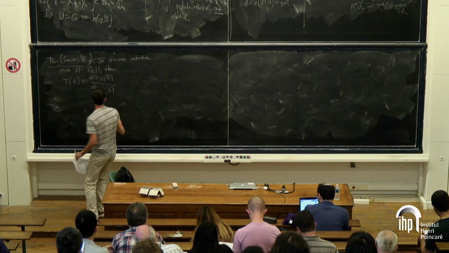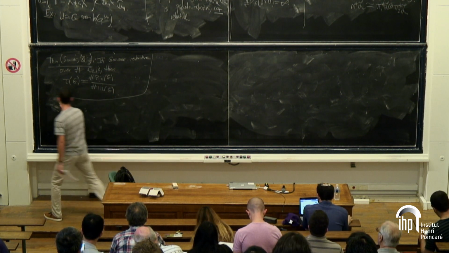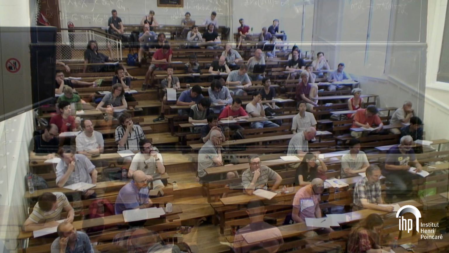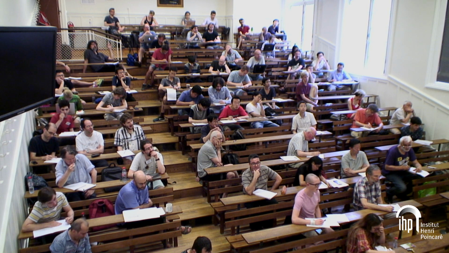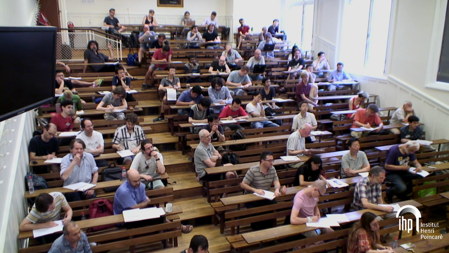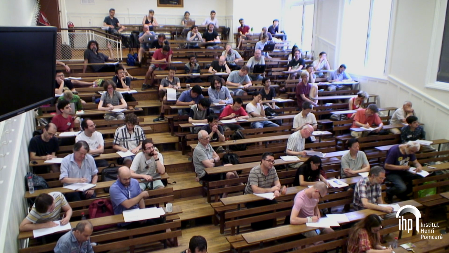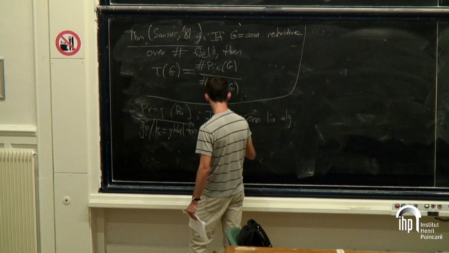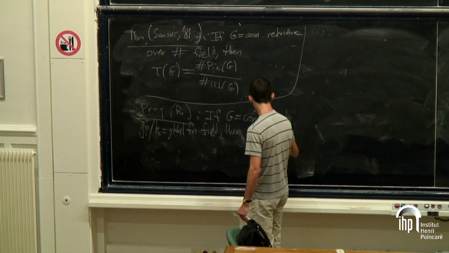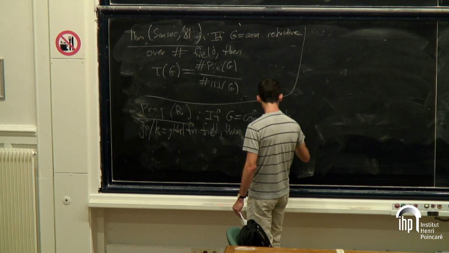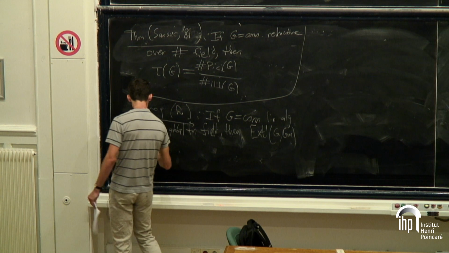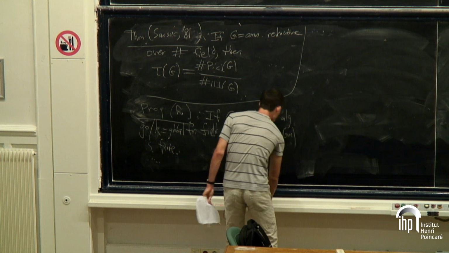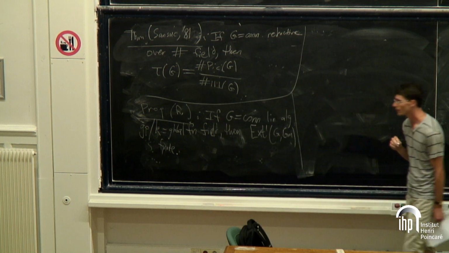Here's a proposition. If G is a connected linear algebraic group over K, which is a global function field, then X^1(G, G_m) is finite. OK.